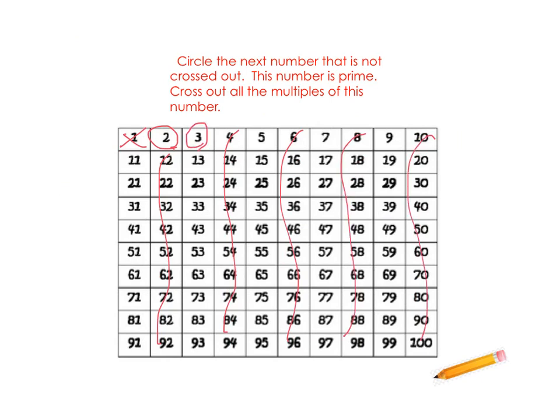Now we're going to circle 3, and I'm going to cross off every other multiple of 3, which would be 6, 9, 12, 15, 18, 21, 24, 27, and 30, 33, 36, 39, 42, 45, 48, 51, 54, 57, and 60, 63, 66, 69, 72, 75, 78, 81, 84, 87, 90, 93, 96, 99.